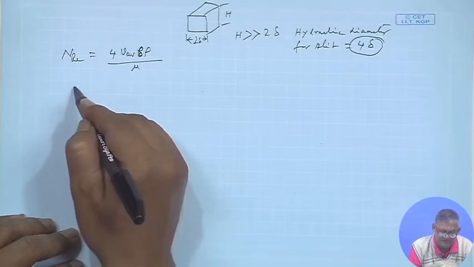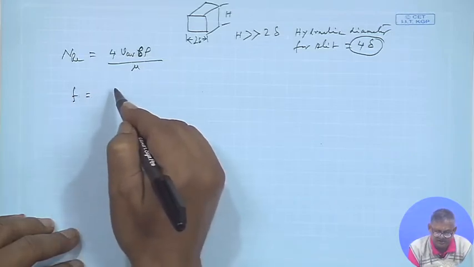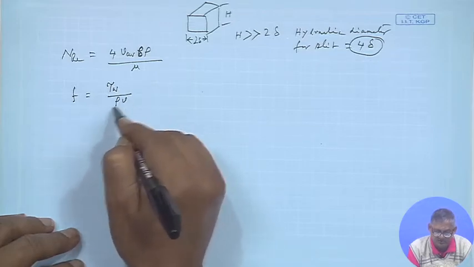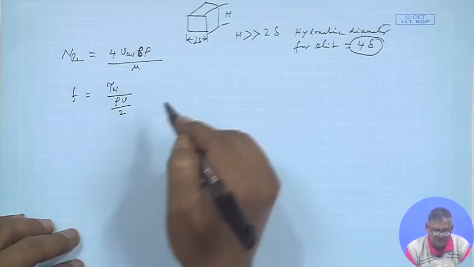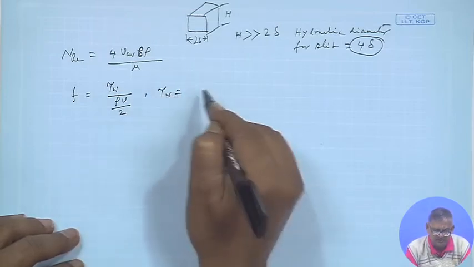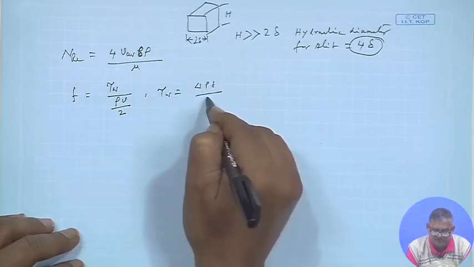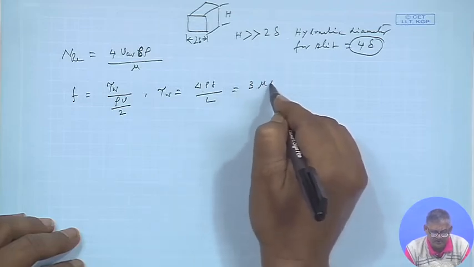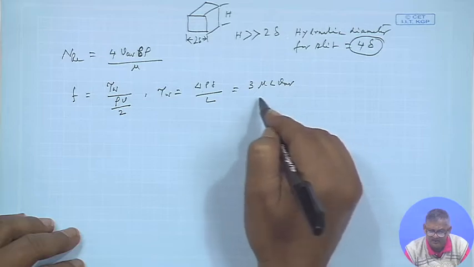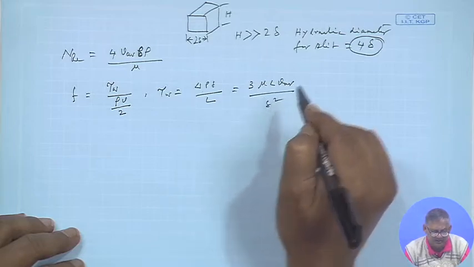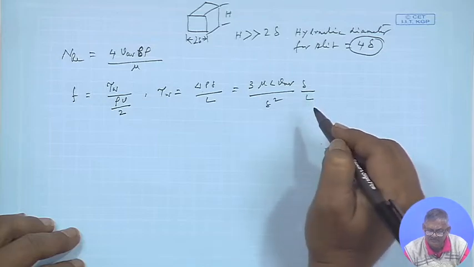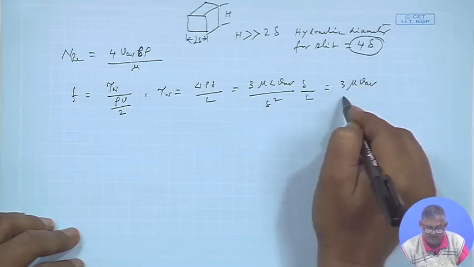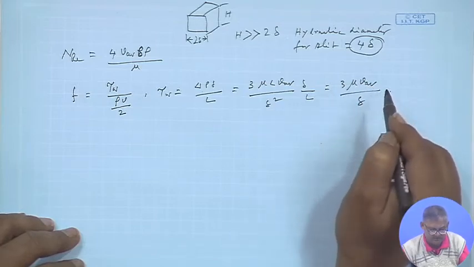And the Fanning friction factor F we can write as tau at wall over rho V square by 2, right, or tau at wall is equal to delta P del by L, that is equal to 3 mu V average by del square into del by L, that is equal to 3 mu V average by del, right.